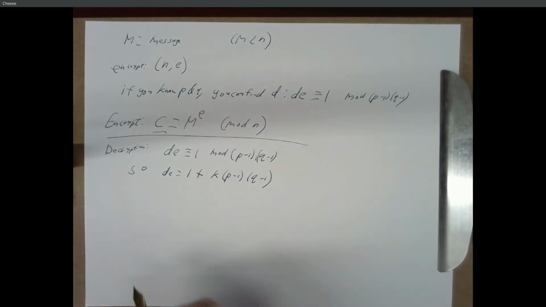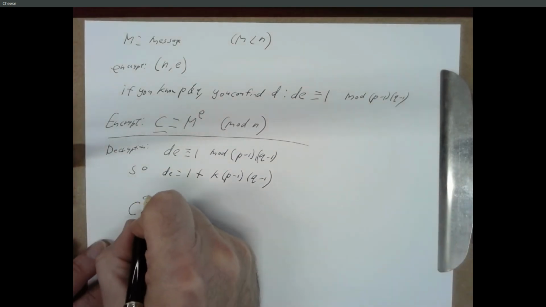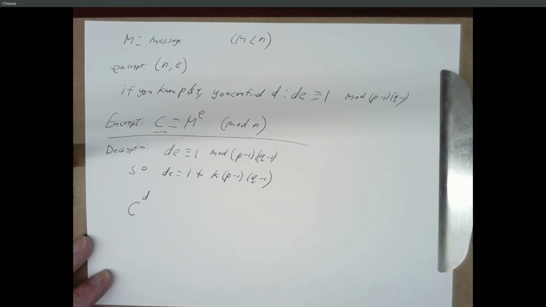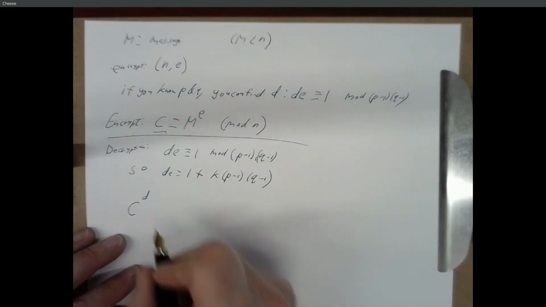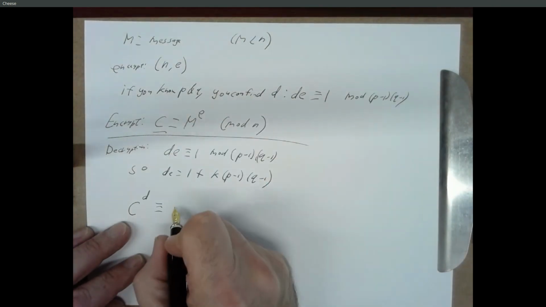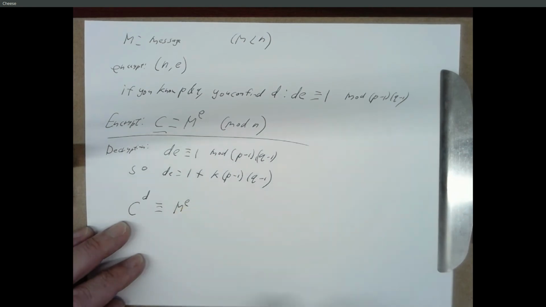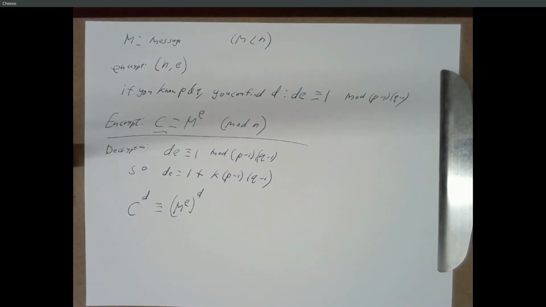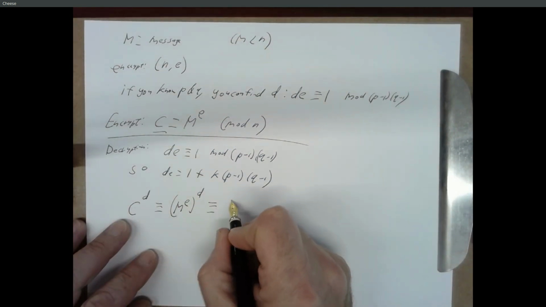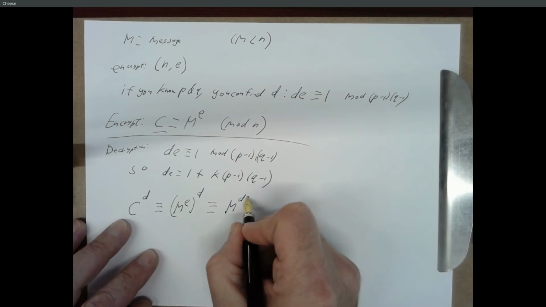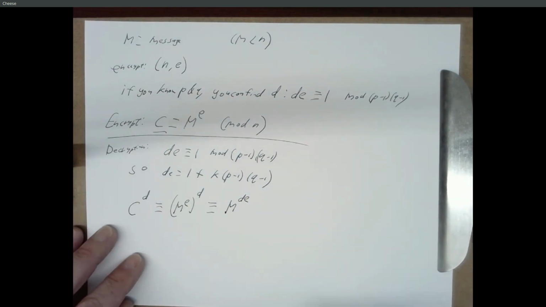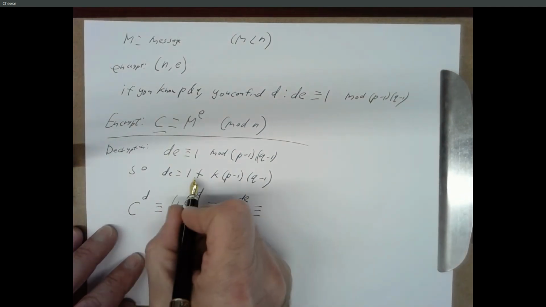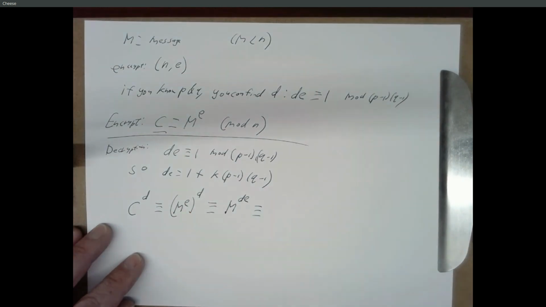So if I take their ciphertext and I raise it to the power D, I'm going to get, well, the ciphertext is M raised to the E, raised to the D. Which law of exponents? This is M raised to the D times E. And D times E is 1 plus some integer K times p minus 1 times q minus 1.